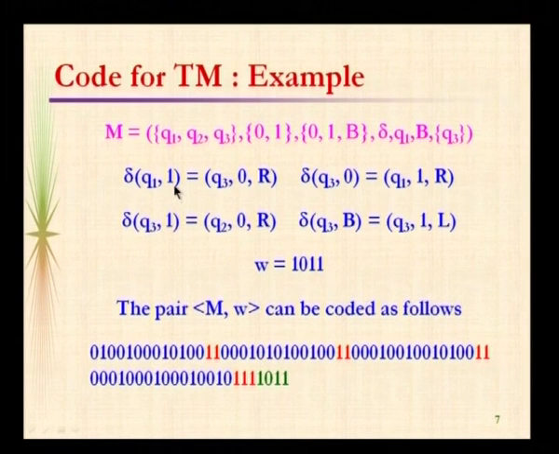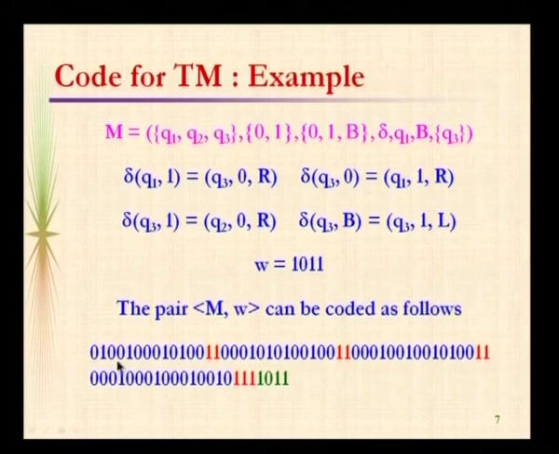Then we have the input symbol 1, which is the second symbol as far as the tape alphabet is concerned. Here we have the tape alphabet 0, 1 and then B. So 0 is the first symbol, which will be coded by 0 itself. Then 1 is the second symbol. In the unary form, 1 is coded as 2 zeros. So that is what here we are having, 2 zeros.